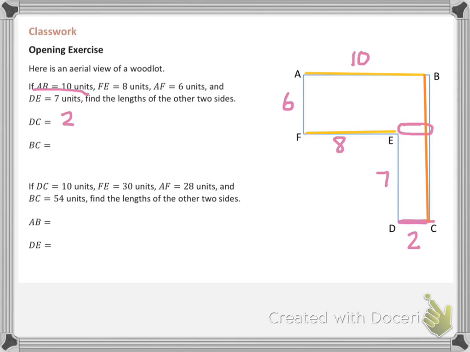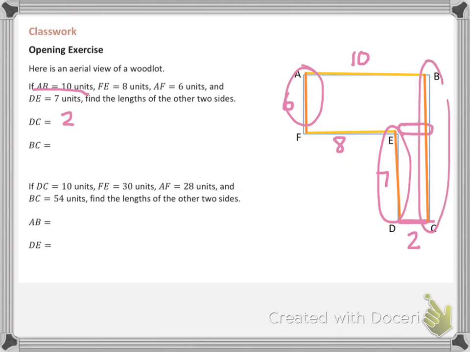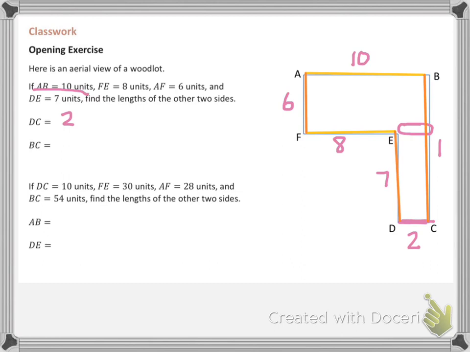So when I look opposite, I see A to F, that's 6 units, and then I see this E to D. E to D is 7 units, and if I added those two together, the 6 units here and the 7 units here, that would give me the entire distance from B to C, which was here. So I'm going to add those together. 6 plus 7 is 13. So I know that from B to C, I have 13 units.